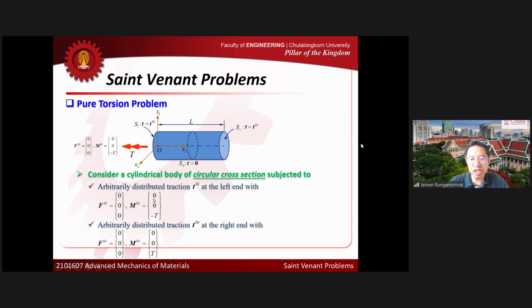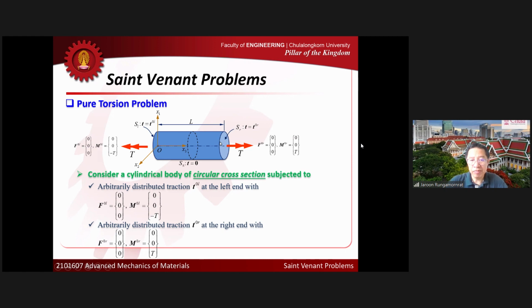You can see that for equilibrium of the whole body, the net moment at the right end has to be the same but opposite in direction, to maintain the equilibrium of the whole body. So M0L here is opposite to M0R. Now I replace the traction with the net forces and moments like what I show in the figure here.